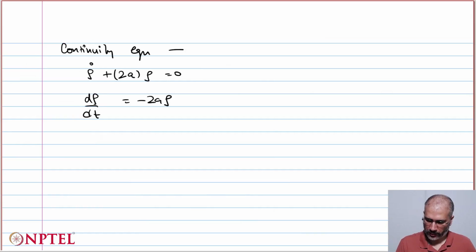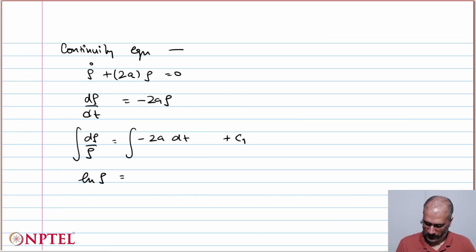So I can write d rho by dt as minus 2a rho. So this becomes d rho upon rho is minus 2a dt, which can be integrated. So this gives natural log of rho is minus 2at plus c1.